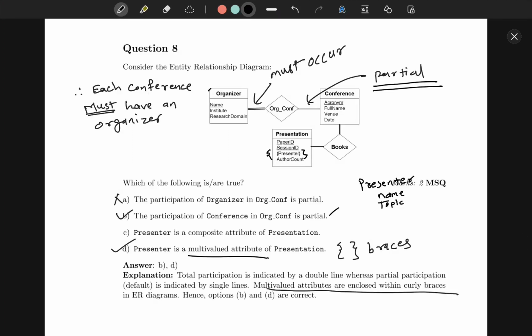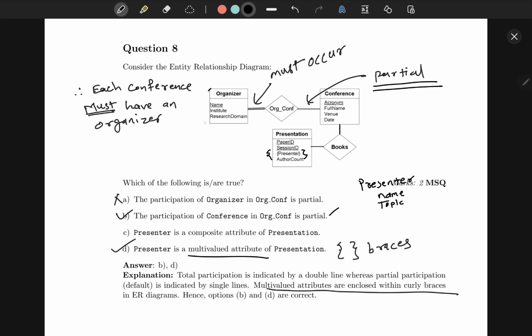Now we are given an ER diagram which has double lines and single lines. Double lines tell us that the schema on the double line's edge must occur in the relation, and single lines are partial, that is, it may or may not occur.